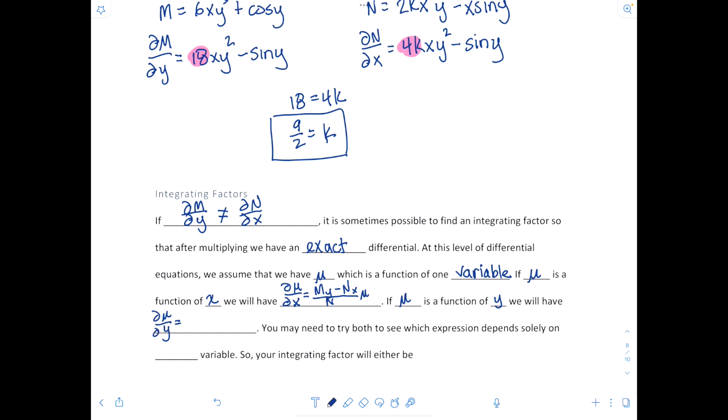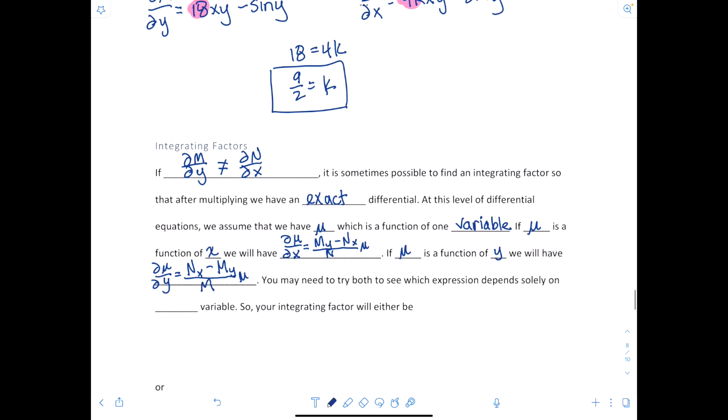Been a little bit of a day. So the first partial of mu with respect to y would end up being the first partial of n with respect to x minus the first partial of m with respect to y, all divided by m, times mu.